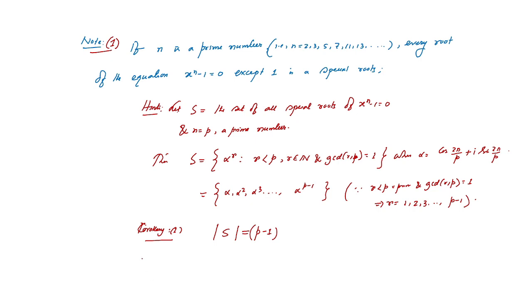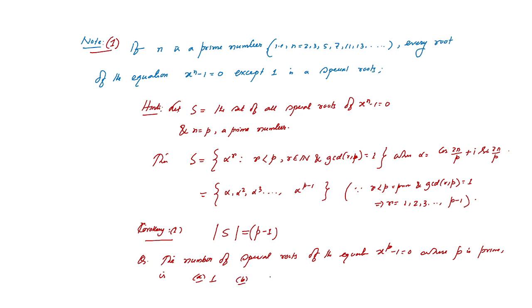Okay. So the question is: the number of special roots of the equation x to the power p minus 1 equals 0, where p is prime, is option A 1, option B p minus 1, option C p, and option D something else.